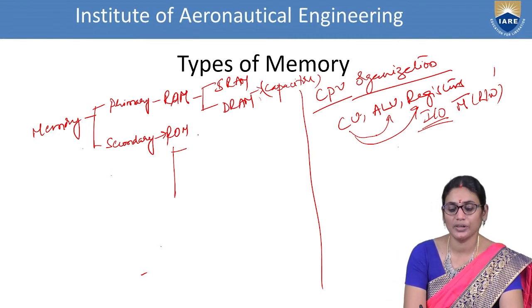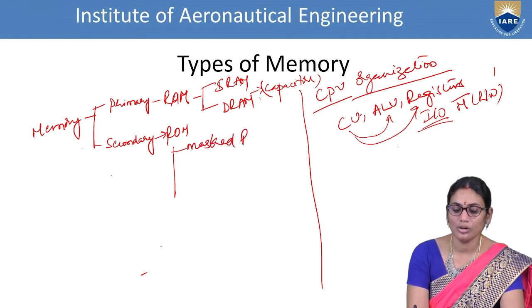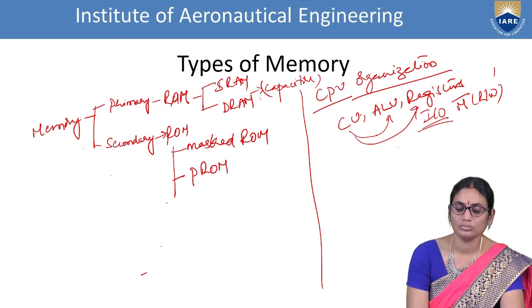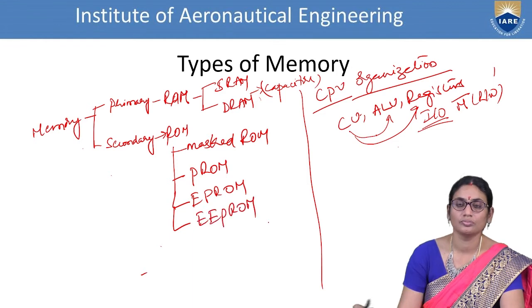ROM is generally classified into masked ROM, programmable ROM, electrically programmable ROM, and electrically erasable ROM.